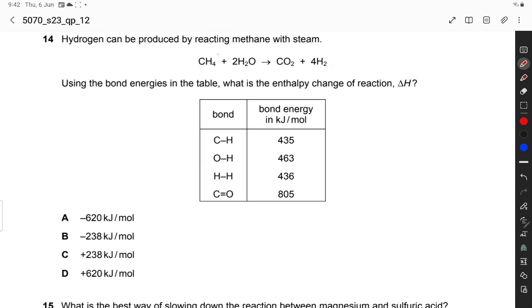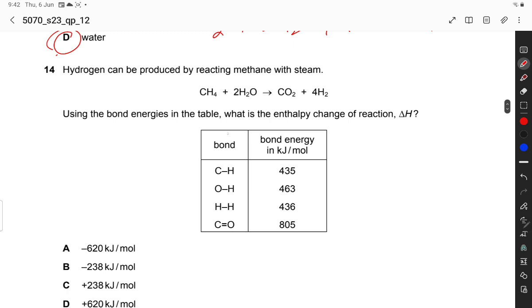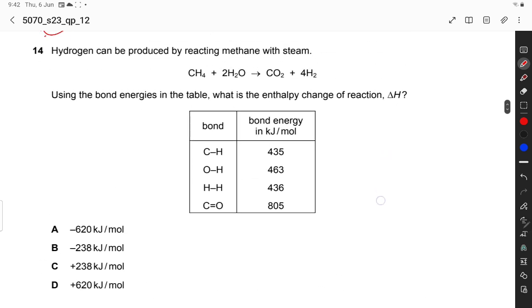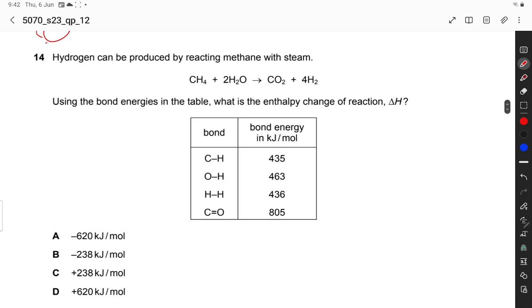Question number 14. Hydrogen can be produced by reacting methane with steam. Using the bond energies in the table, what is the enthalpy change of reaction delta H? So this is the reaction.